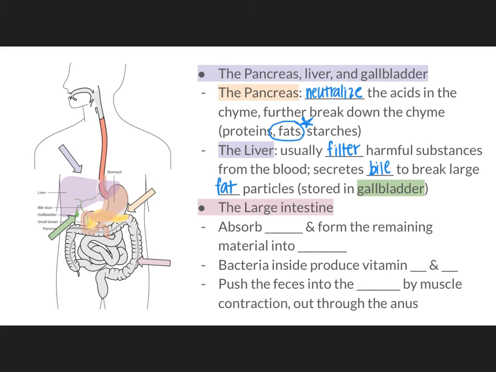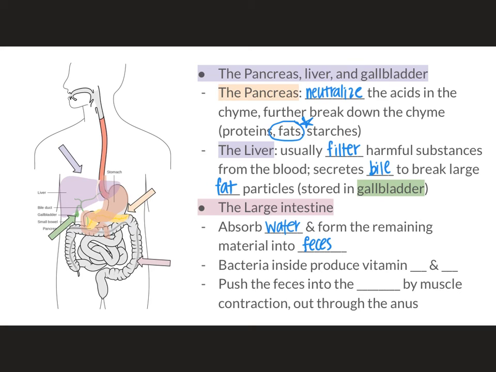The last part of the digestive system is the large intestine. The main role of this organ is to absorb water and also form the remaining material into feces. So basically, whatever is left over from chyme is going to turn into a harder substance because now you're going to absorb all this watery liquid away from that material.